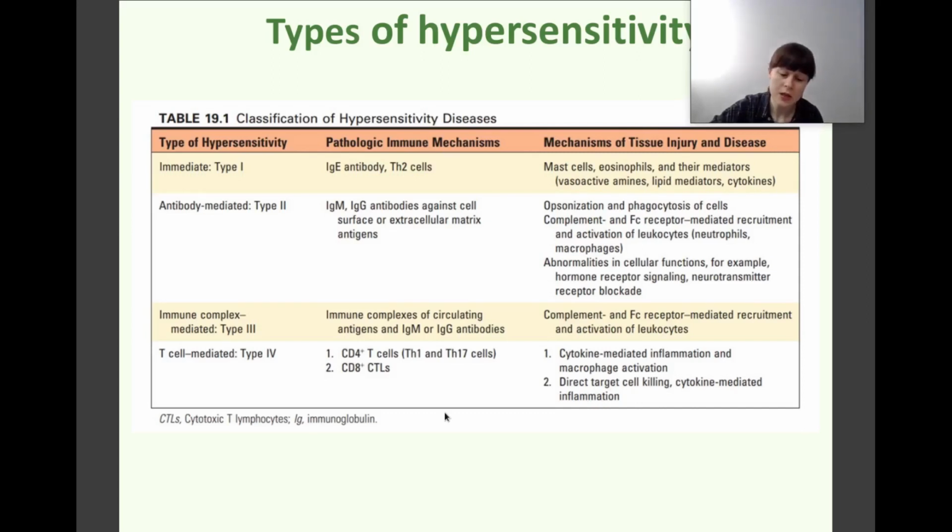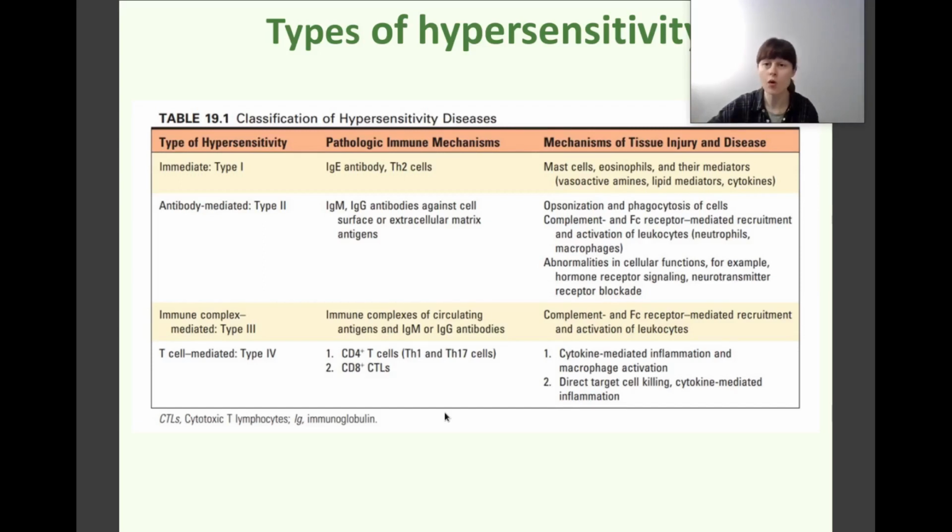Hypersensitivity diseases may result from antibodies that bind to cells and tissues, type 2 hypersensitivity, circulating immune complexes that are deposited in tissues, type 3 hypersensitivity, or T lymphocytes reactive with antigens in tissues, type 4 hypersensitivity, or immediate hypersensitivity, type 1 reaction, as the cause of allergic disease.